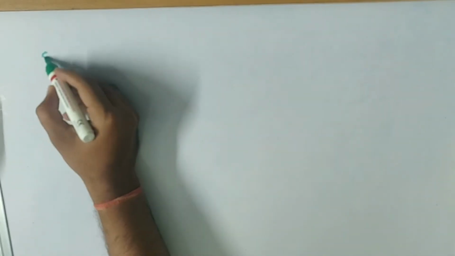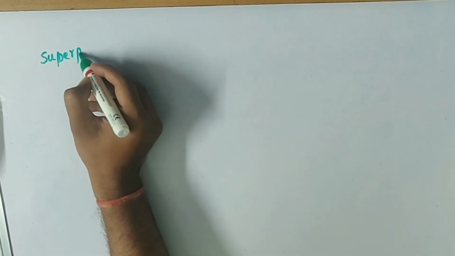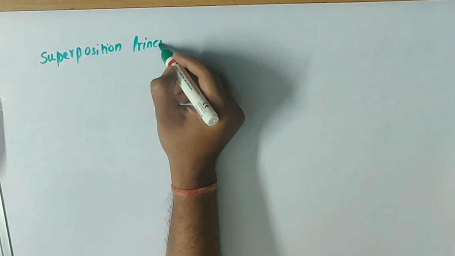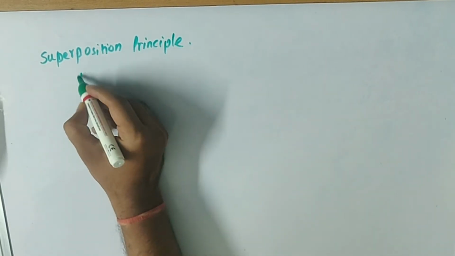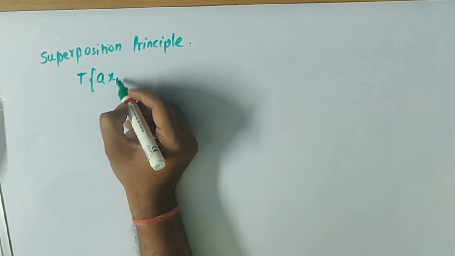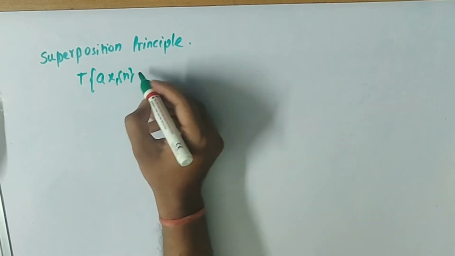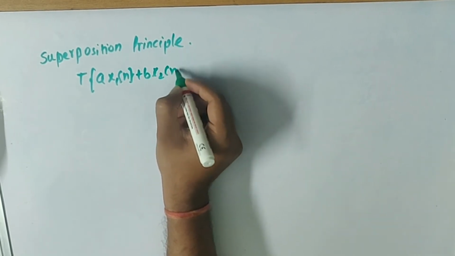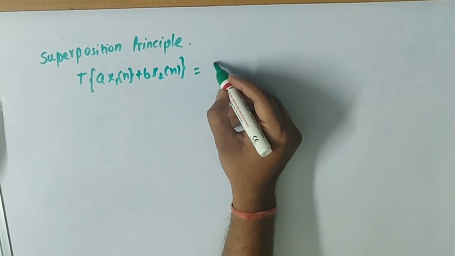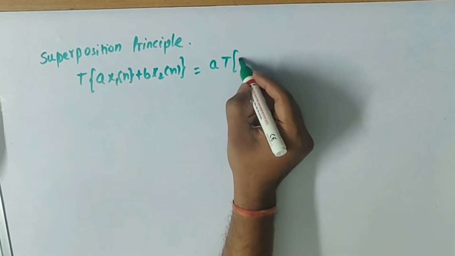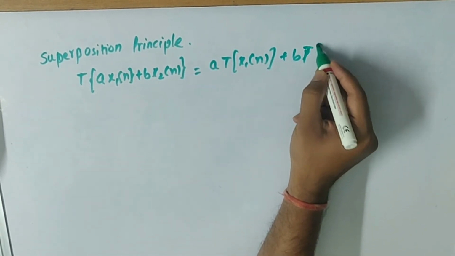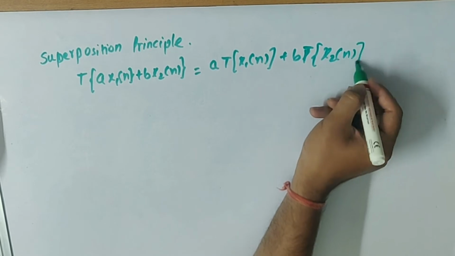For any function T, T of a x1[n] plus b x2[n] will be equal to a T of x1[n] plus b T of x2[n].